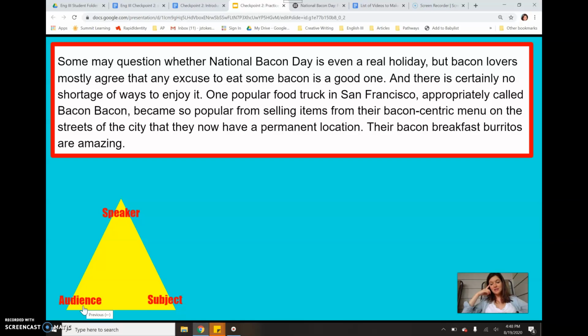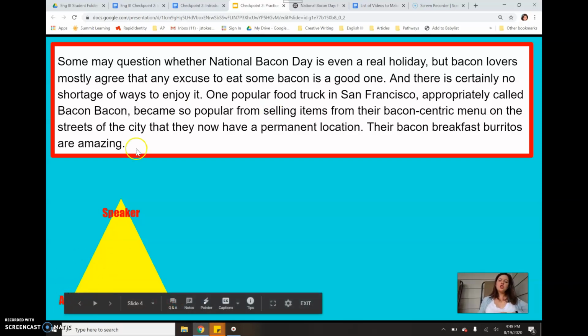A general audience has about a 7th grade reading level. When people leave school, their reading levels actually tend to decrease because of how little reading they do. So a general audience reads at a 7th grade reading level, so keep that in mind.